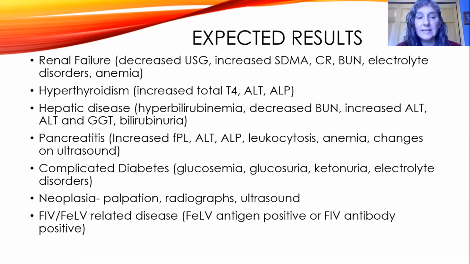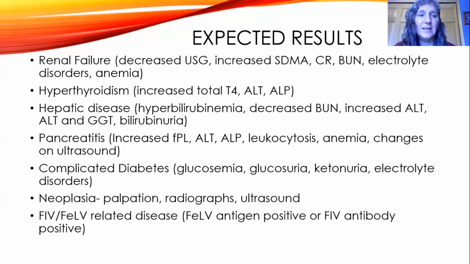With hepatic disease, within the serum, you'll see an increase in the bilirubin, a decrease in the BUN if the disease is pronounced enough that the liver can no longer make enough of the BUN, increased ALT, and ALK Phos, and then GGT is a very important one in cats.